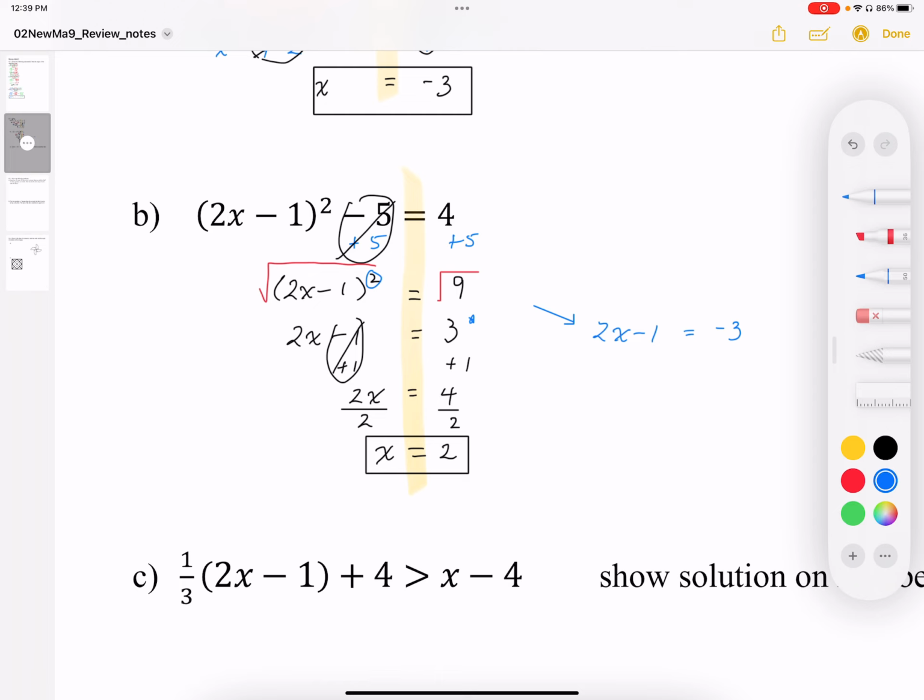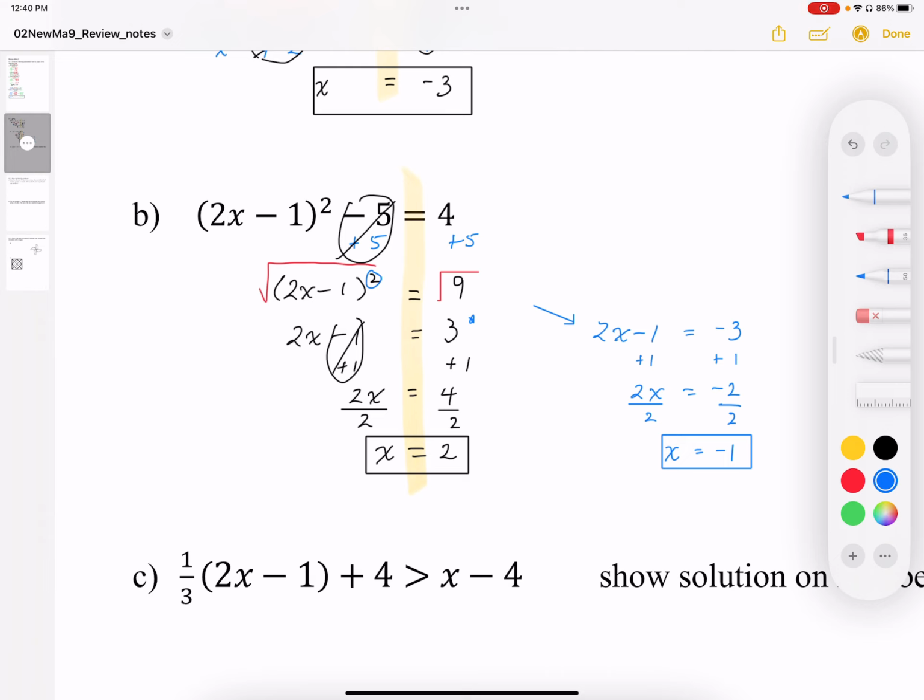Okay, and again, right now we're not responsible for that one, but down the road, this is something we're going to see. So we get another answer, and we can find that other answer by undoing the rest of this. So we get minus 2 on the right-hand side, 2x equals negative 2, divide by 2, divide by 2, so we get 1x equals negative 1, and I could check that negative 1.